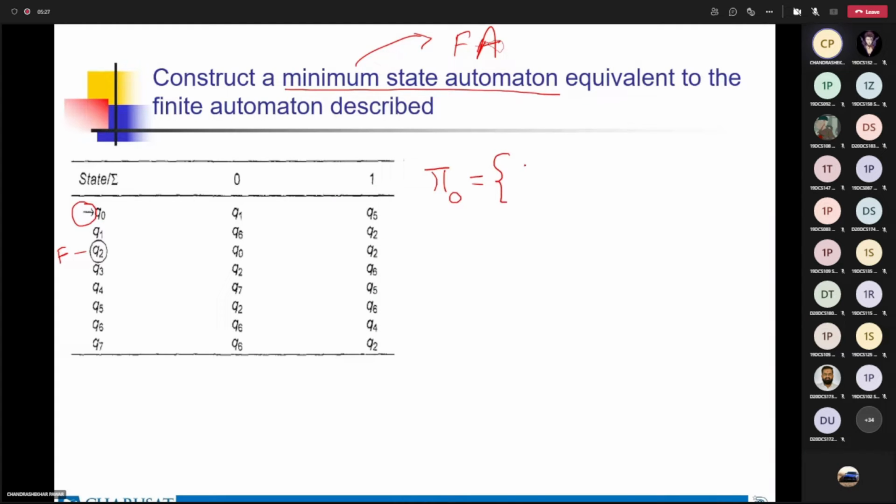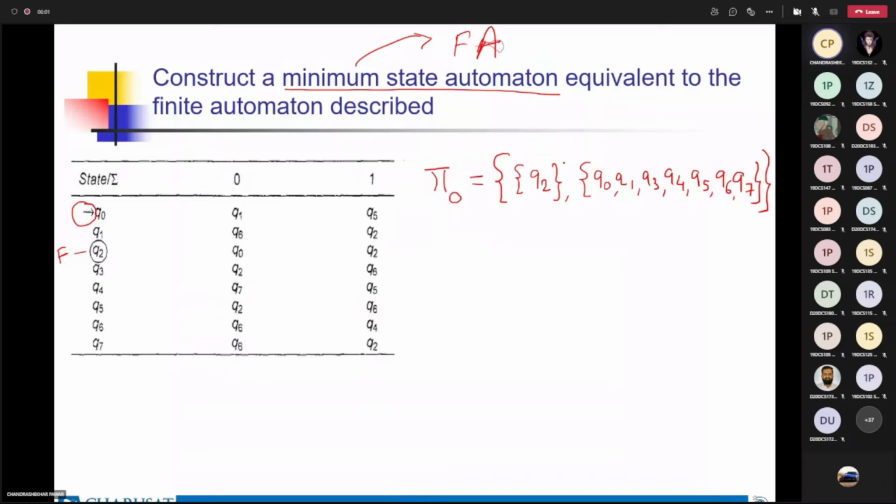That set is partitioned into two subsets: a set of final states, here it is Q2, the final state is only one, and a set of non-final states. So the remaining states are here: Q0, Q1, Q3, Q4, Q5, Q6, Q7.